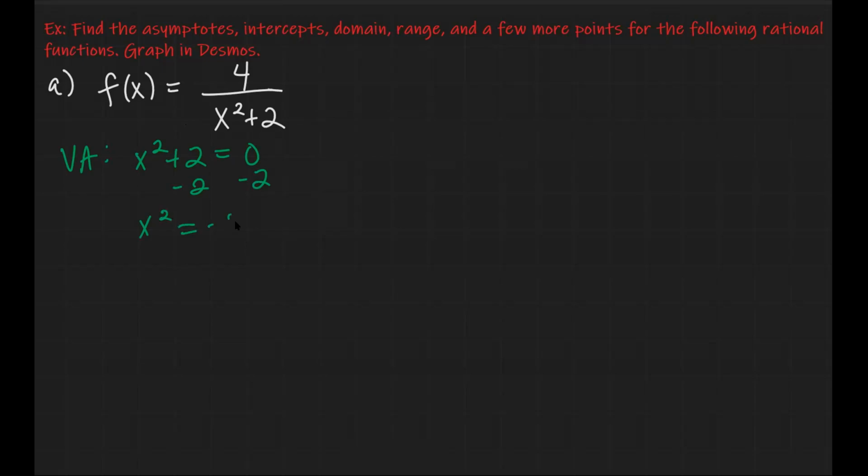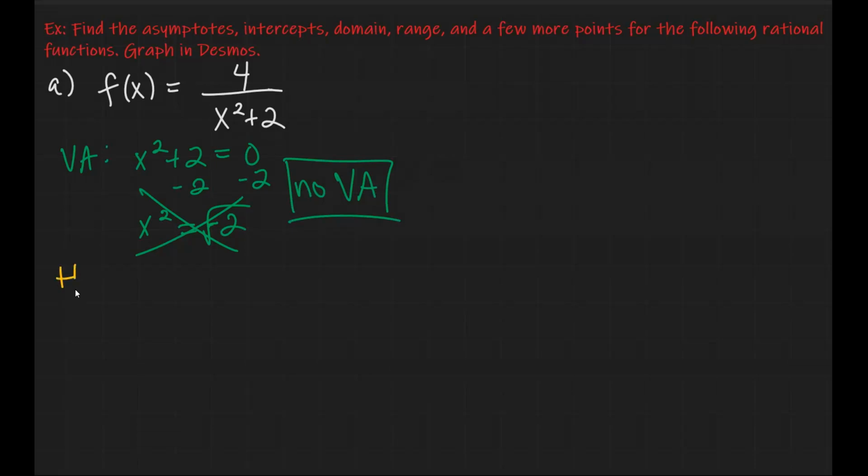We get x squared equals -2, and we'll have to take the square root of a negative, which gives us a complex number. We're graphing in the real plane, so this is not going to be real. So because we have no real number here that makes this 0, there is no vertical asymptote. Okay, so we have no vertical asymptote.